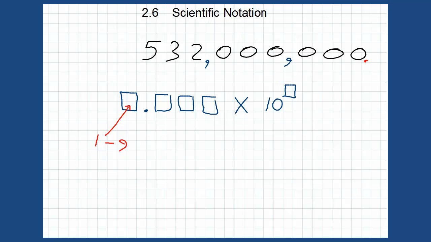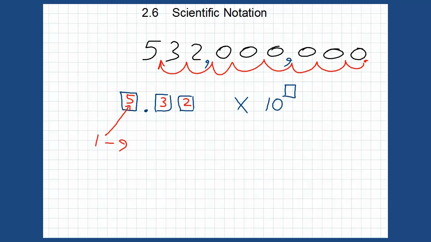Regarding the scientific notation way of writing numbers, we should take this decimal and move it to be positioned here. And our number will be written like this: 5 to the left of the decimal and 32 to the right of the decimal. We have nothing here. We won't write the zeros.